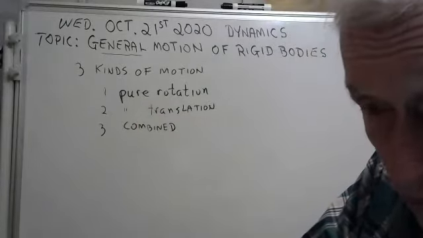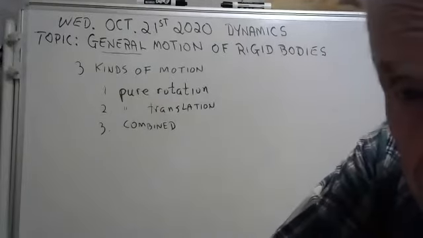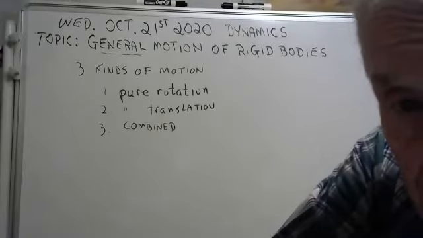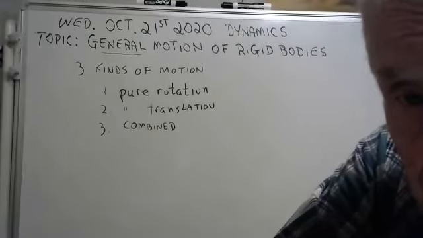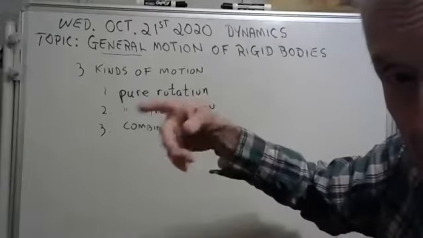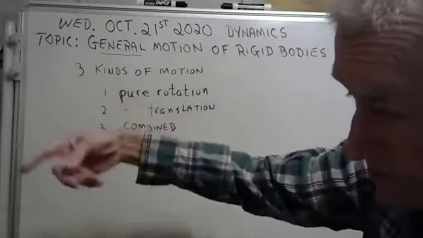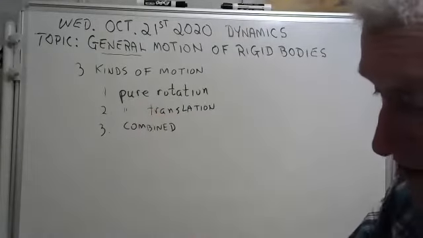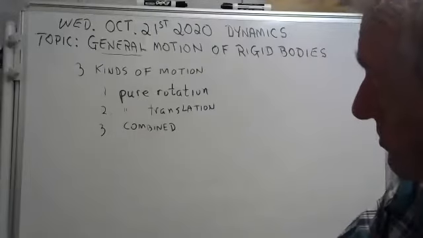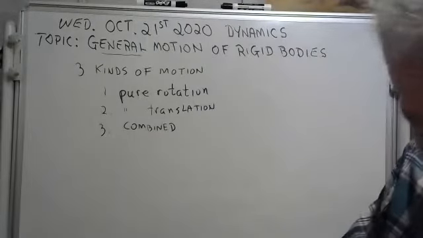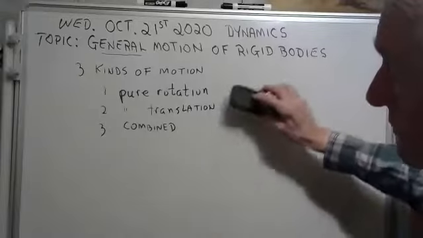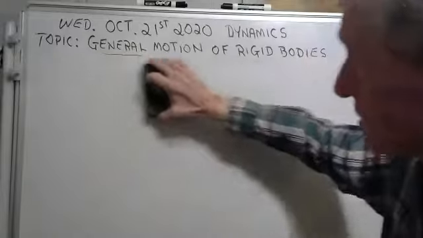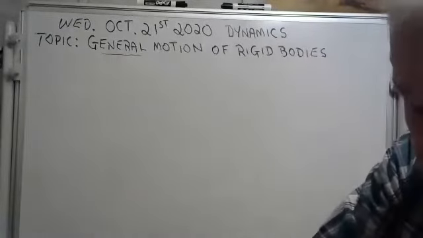Like if you go out to the river and throw a stick, the stick will probably spin as it goes zinging through the air, and it has translation and rotation. It's got general motion. Okay, so now, thanks to Alex, we all know the 3 kinds of motion, and the topic today is general motion.